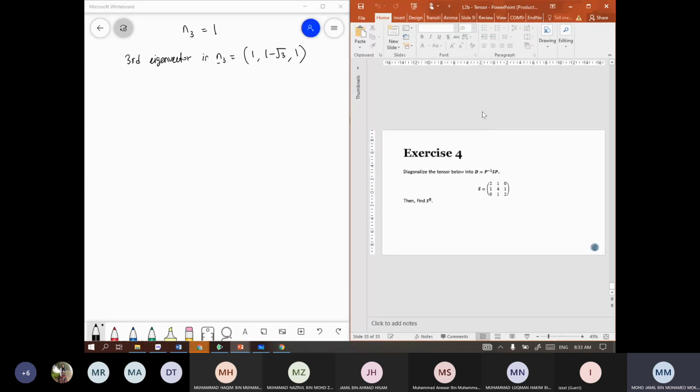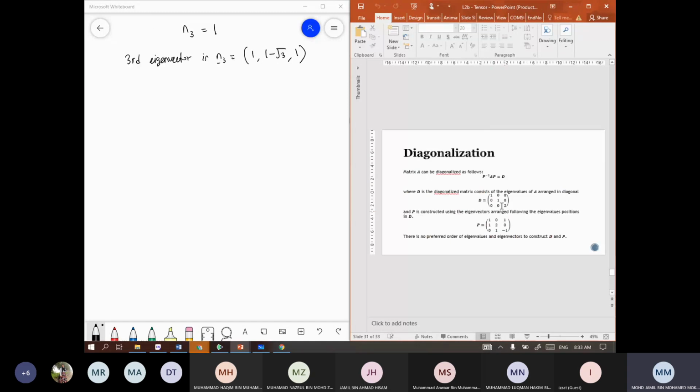So to get matrix D, you just arrange the eigenvalues on the diagonal elements of D. So D equals P minus 1 SP.